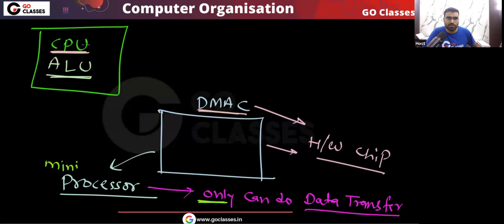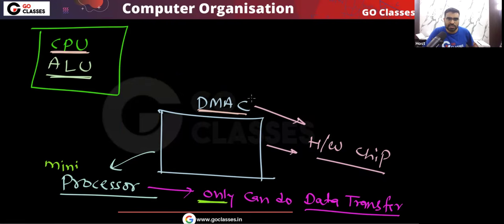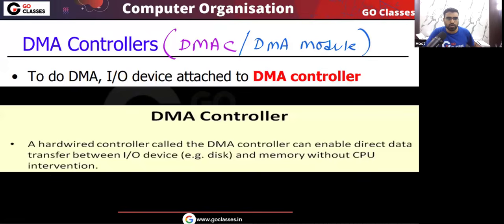The CPU can do many things, but this processor cannot do all the things. This is a specialized, or dedicated, processor only for data transfer. So you can easily see, if you want to do direct memory access, meaning direct data transfer between the IO device and main memory, then the IO device is attached to the DMA controller. Let me tell you what we do.